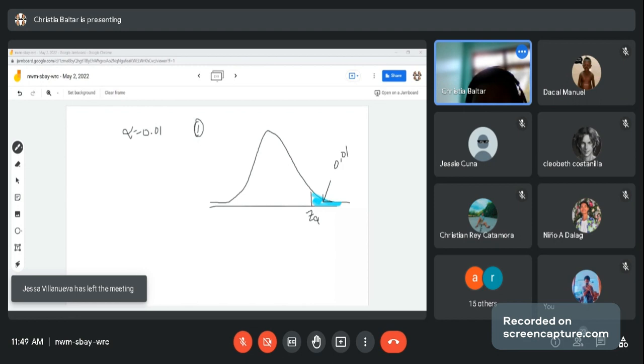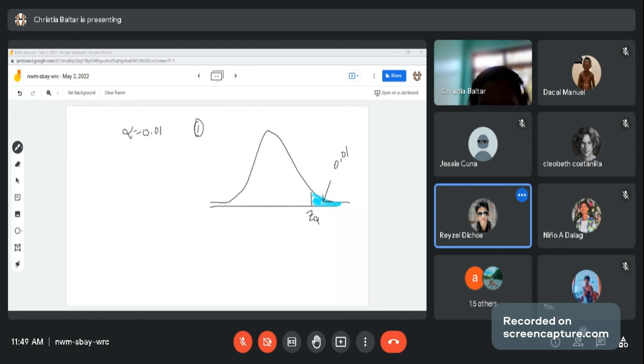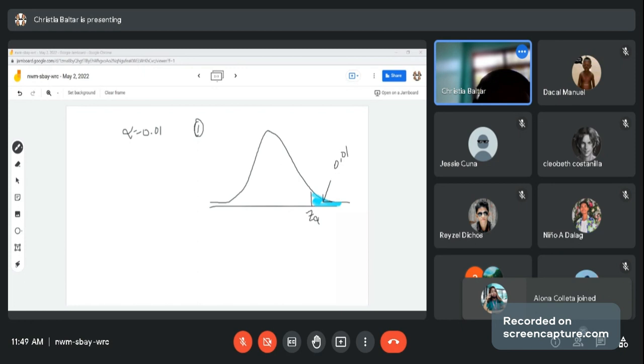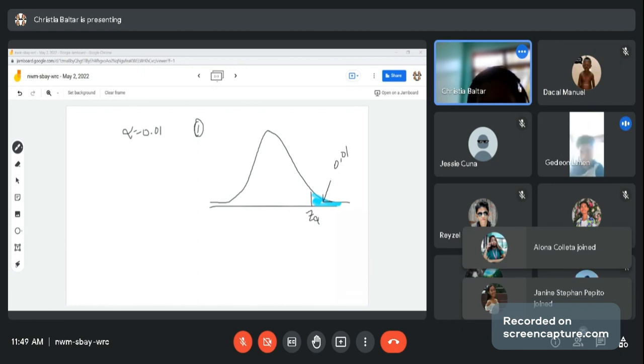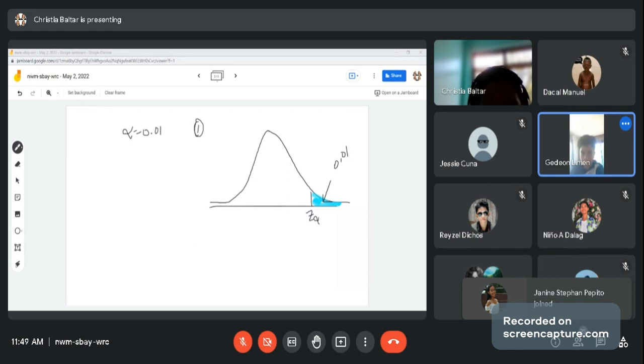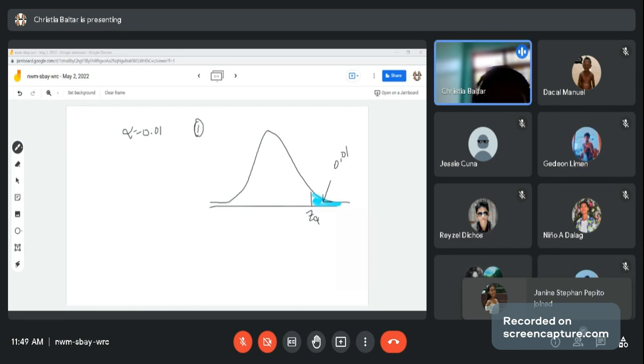Rizel De Chus, present. Jamil Dizon, absent. Gideon, present.